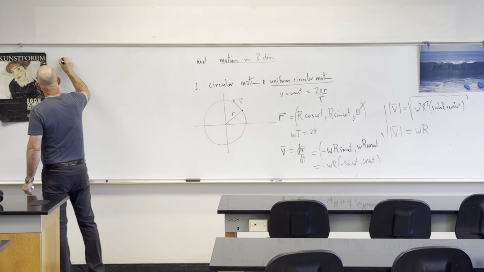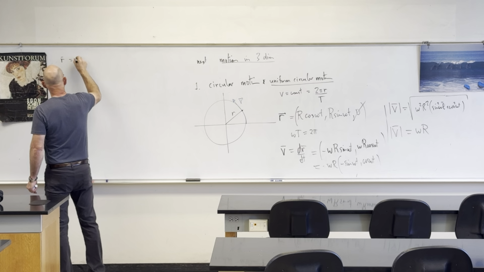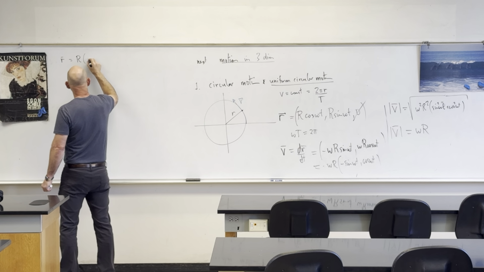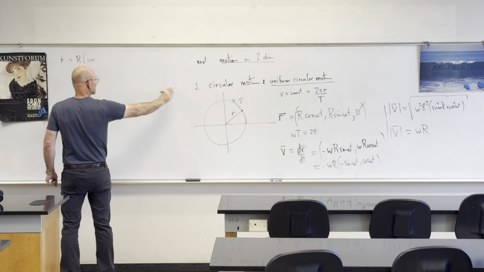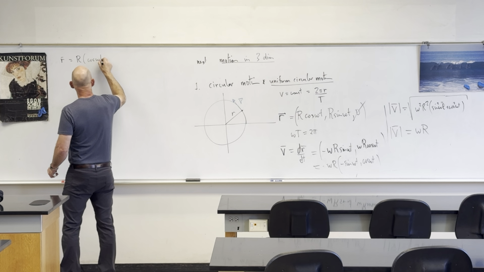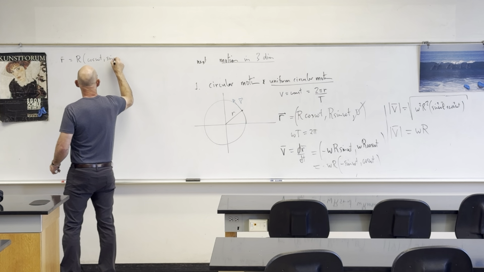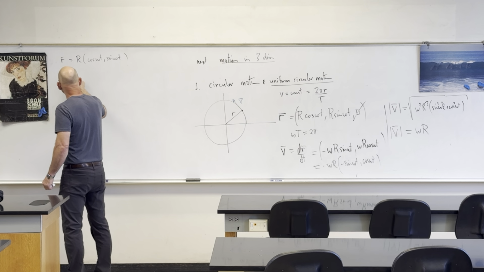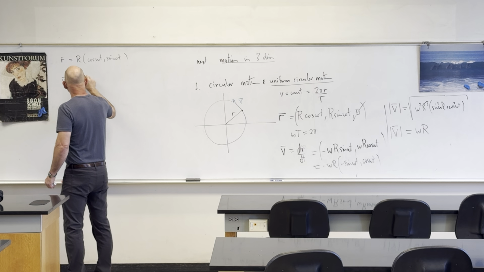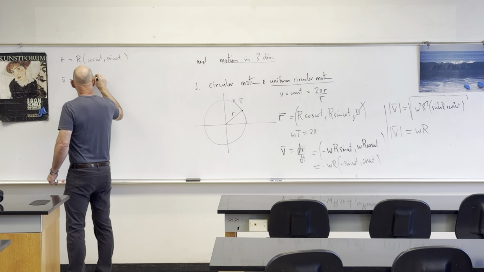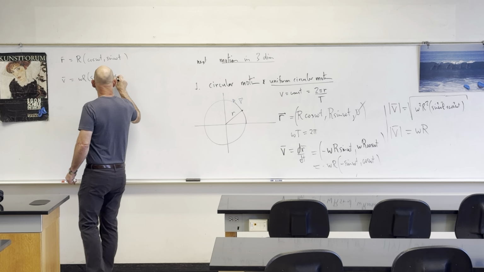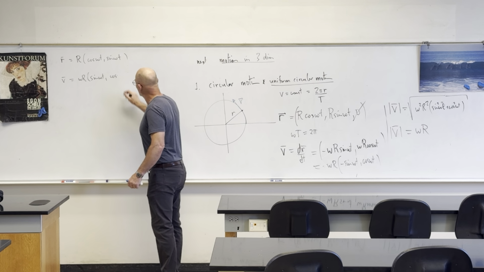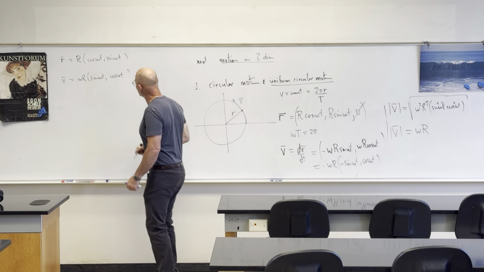So we now have R is equal to R. In fact, it's better if we pull the R out now, but cos omega t, sin omega t, right? And now we have V equals omega R minus sin omega t, cos omega t. So we've taken those two derivatives.